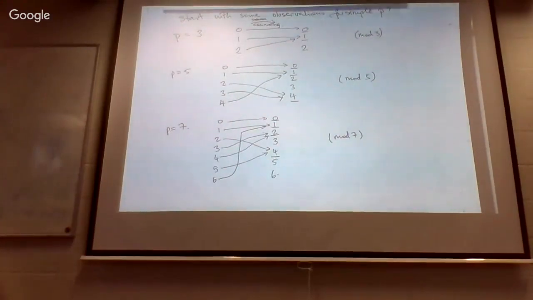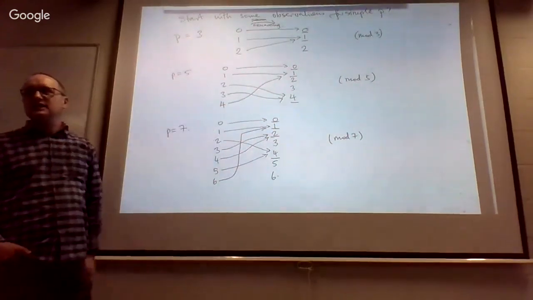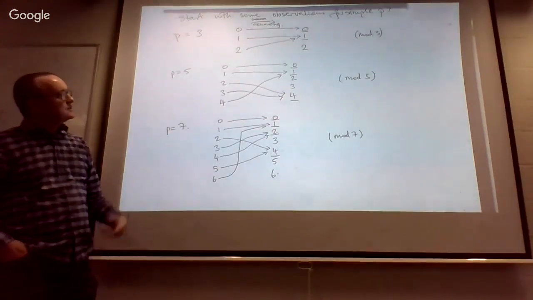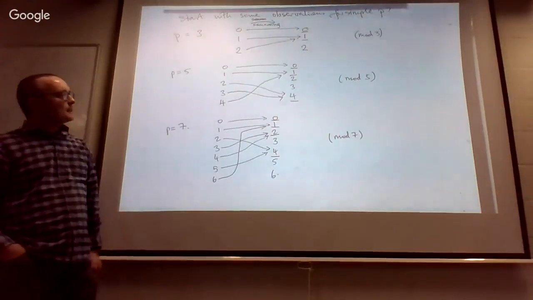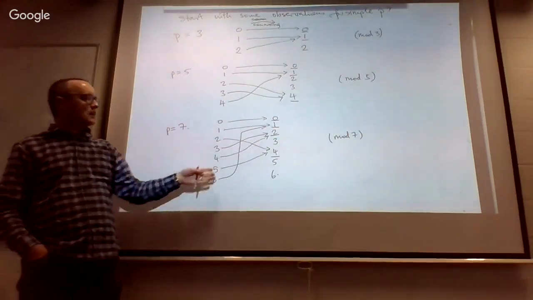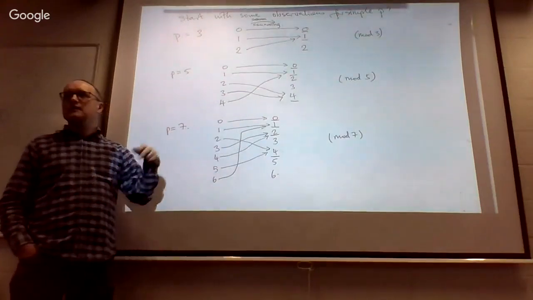Do we not include 0? Well, 0 is always going to be a square of itself, and nothing else squares to 0. 0 is special, and you have to remember also that what we're doing here is the operation of squaring, which is multiplication.